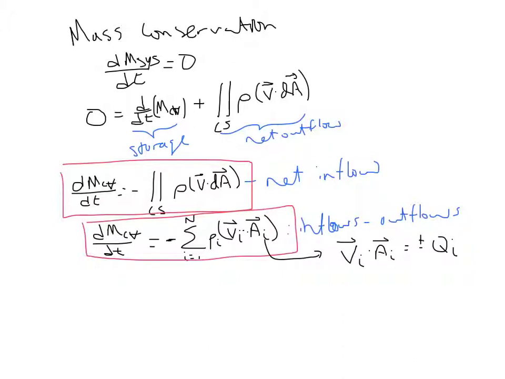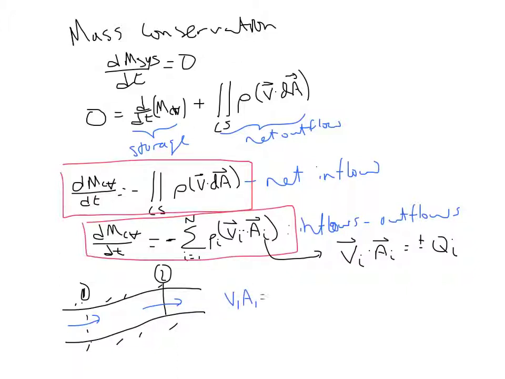The last thing that we focused on was in a closed conduit, where you have flow along the axis of the conduit, say from cross-section 1 to cross-section 2. Then we can say, using mass conservation, I won't go through all the details here, but V1 A1 equals V2 A2, or Q1 equals Q2.